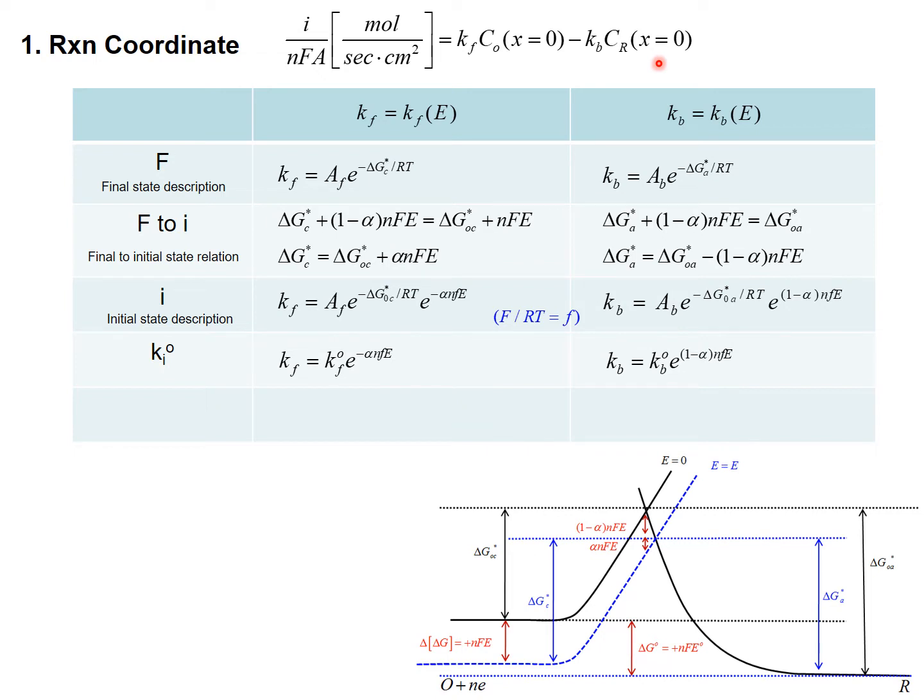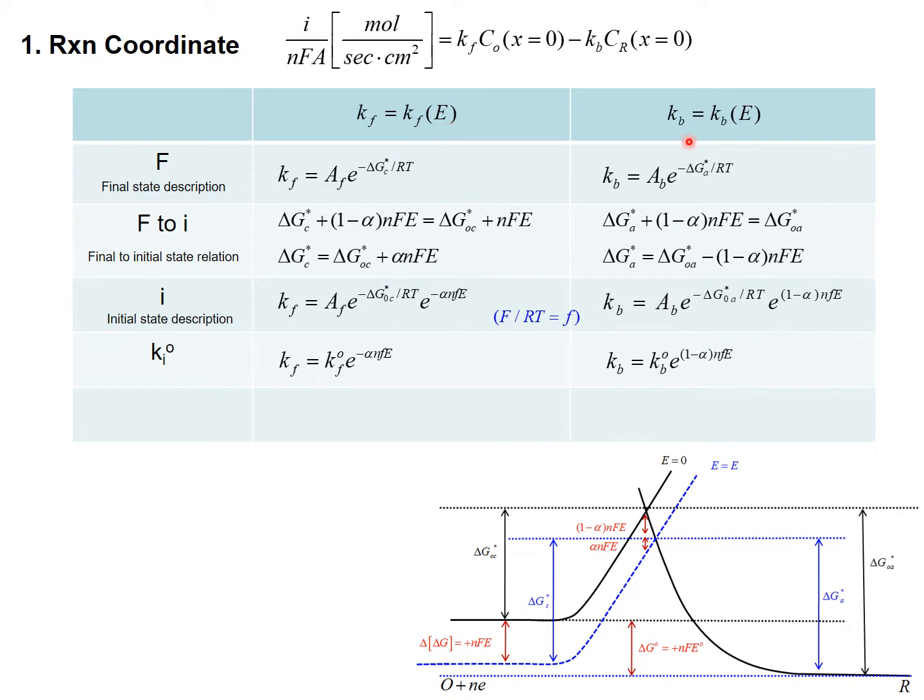Then I'd like to focus on the reaction rate constant because potential would affect the reaction rate constant, but doesn't affect the concentration term. So this column is about the forward reaction rate constant, which will be found as a function of the potential.